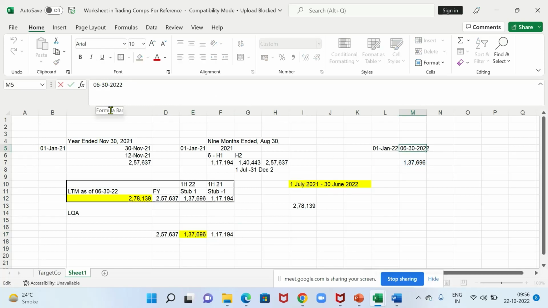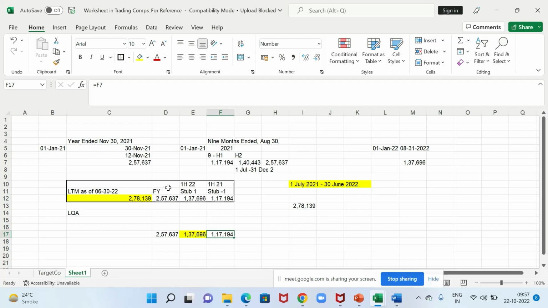This is my August ending number, the recent August ending number, which is a 9 months number. This is again a 9 months number. This number is for the 21 9 months.